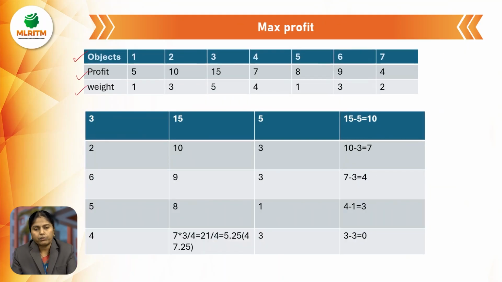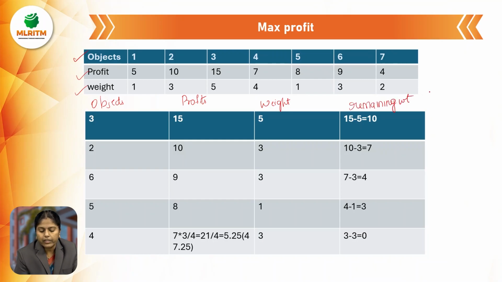In the first approach, we calculate the maximum profit in this particular table. Consider these are the objects, these are the profits, these are the weights, and this is the remaining weight. This is the first approach, where we calculate the maximum profit.